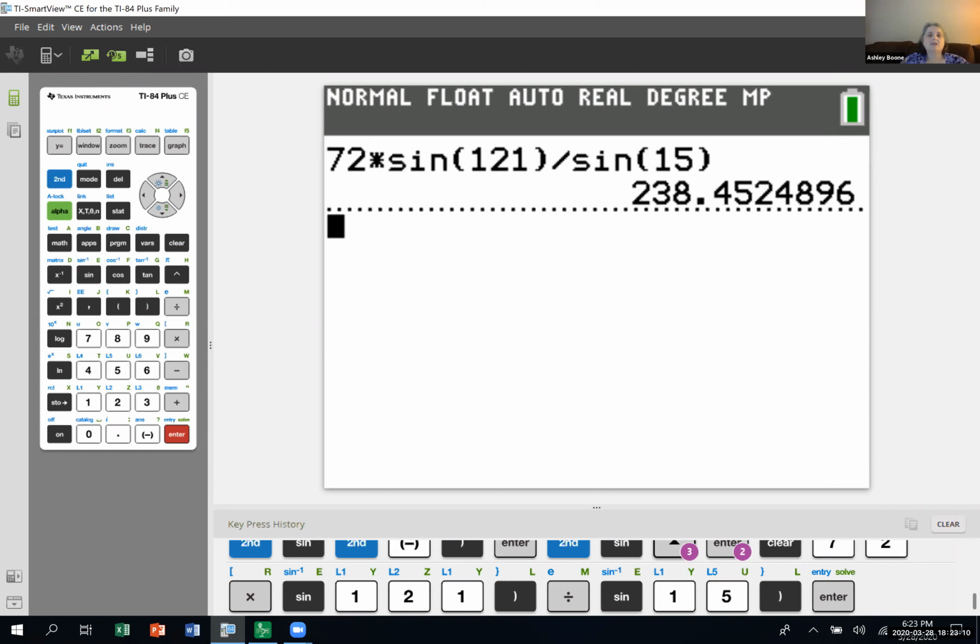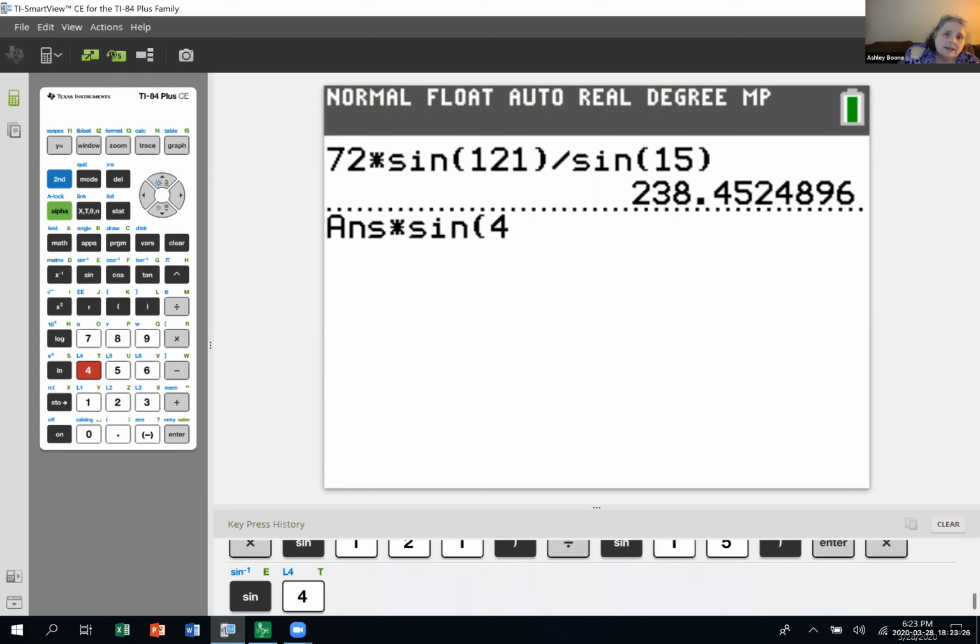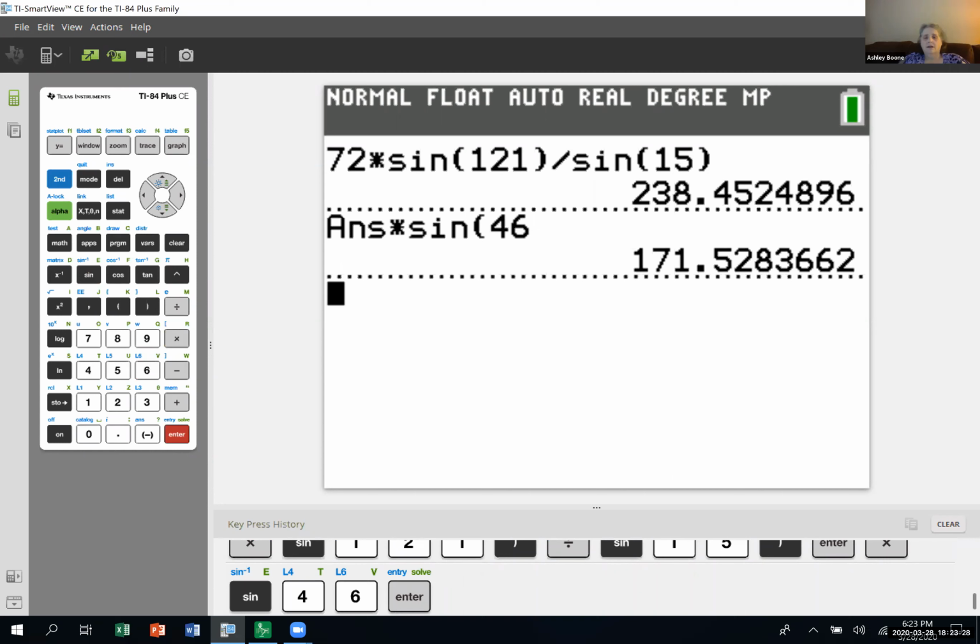That's in my calculator. So now, what was I wanting to do to get X? I was wanting to take this number and multiply it by the sine of 46. I can just go times, and it's going to pull up that full value, sine of 46, and I get 171.528, so on. I try not to round until the very end of a problem.